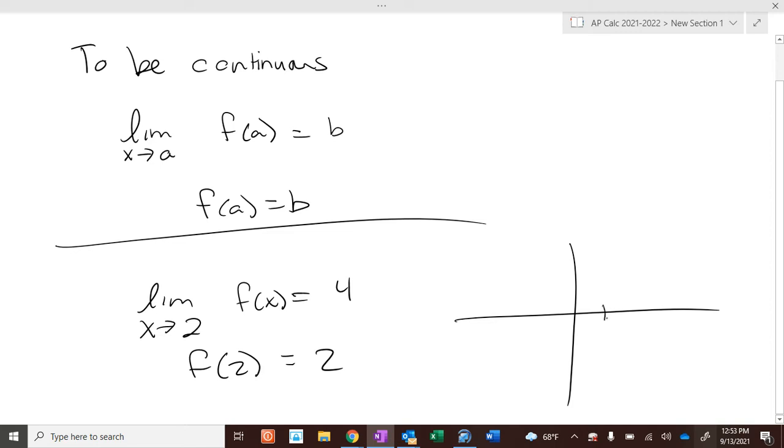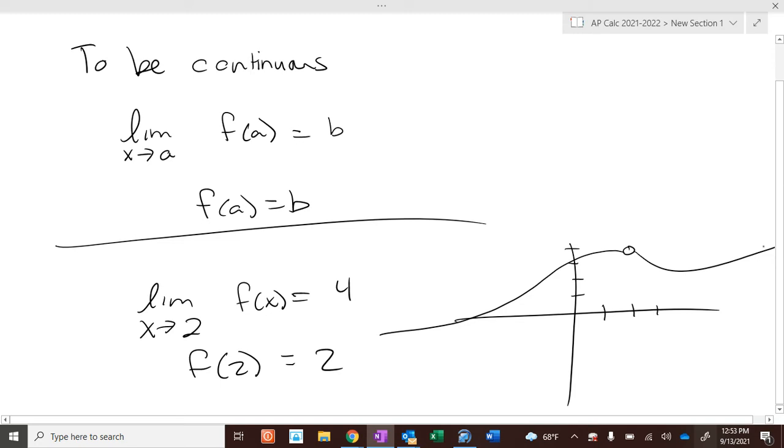So we might have a function that looks like this, that goes like that, and like that. This function is not continuous. It has a value for every single x, because when x is 2, it has a value. When x is anything but 2, it has values along this function. But this is not continuous.